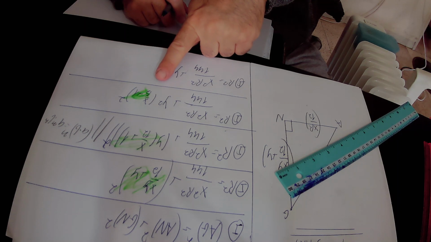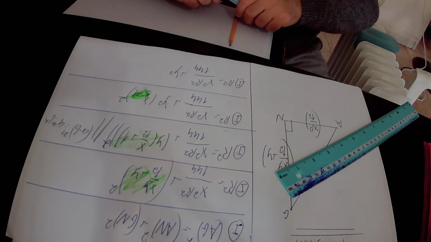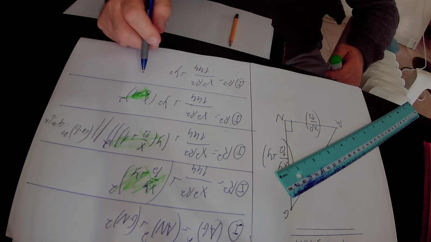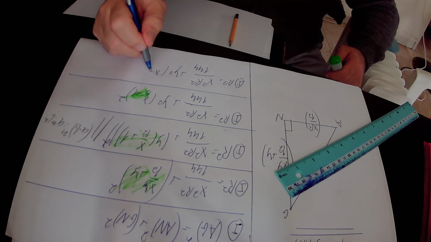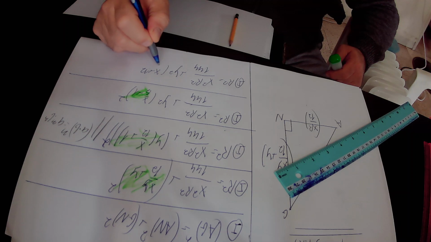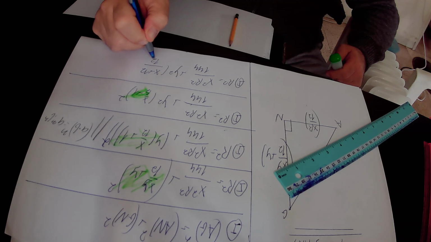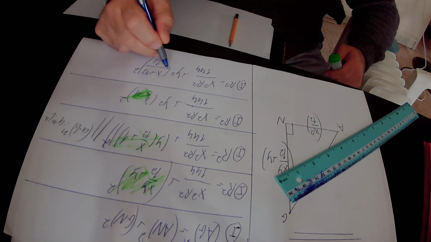So in total, after we multiply 1 by 12, in the numerator we'll have x plus 12, divided by 12 square.